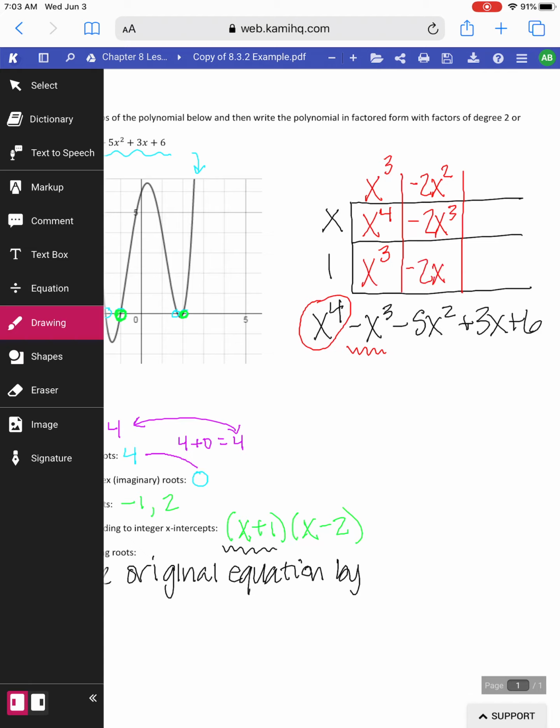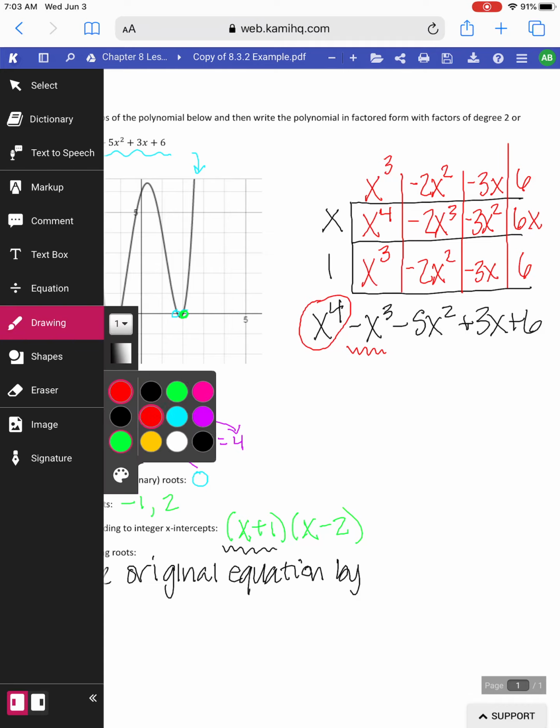And then down here we have negative 2x squared. But we want negative 5x squared, so we need negative 3x squared, which gives us negative 3x on top and negative 3x on the bottom. Okay, but we want positive 3x, so that means we need to add 6x to that, which gives us a 6 on top and a 6 on the bottom.